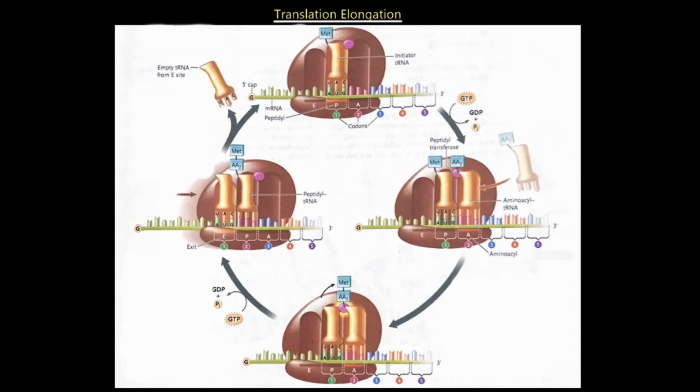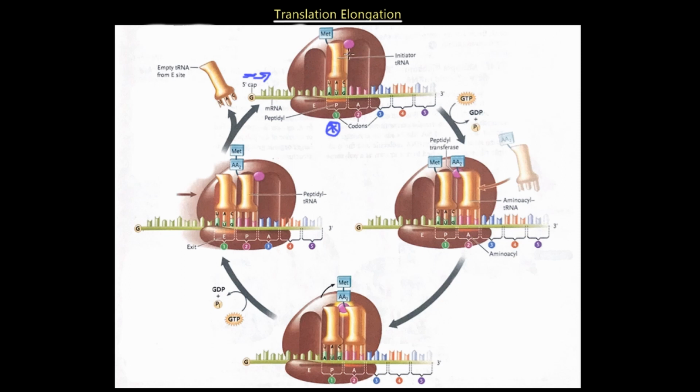So now let's look at some of the nitty-gritty details of translation elongation and how it actually occurs. So first of all, we need to know that the ribosome has two units. It's got the small ribosomal subunit and it's got the large ribosomal subunit. The small ribosomal subunit is the one that binds to the 5' cap, and it scans in this area until it finds its start AUG codon, which is the one right here.